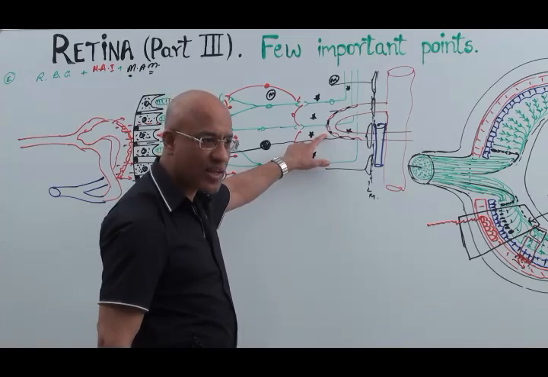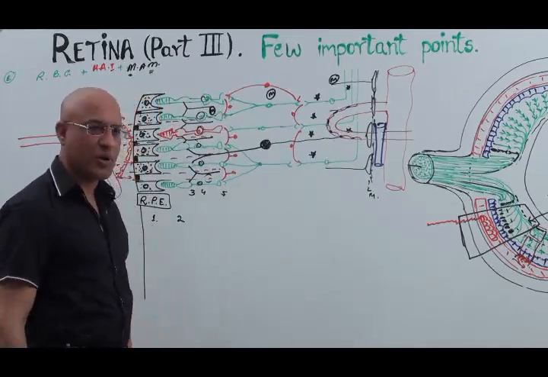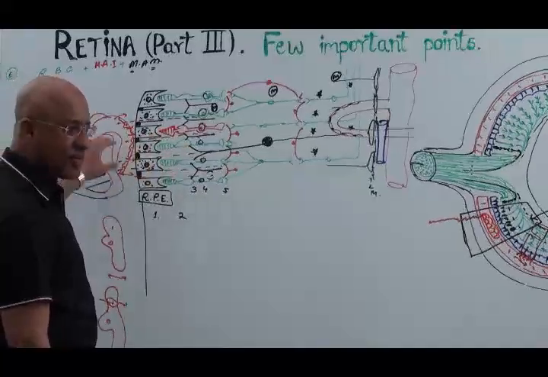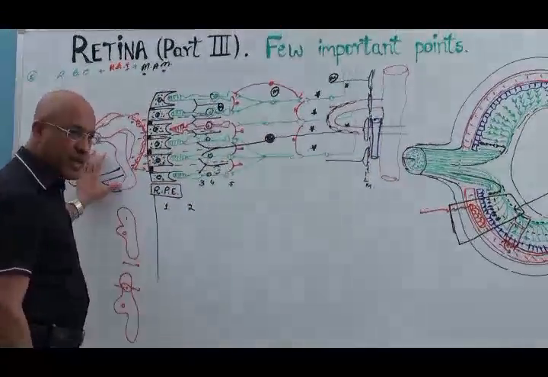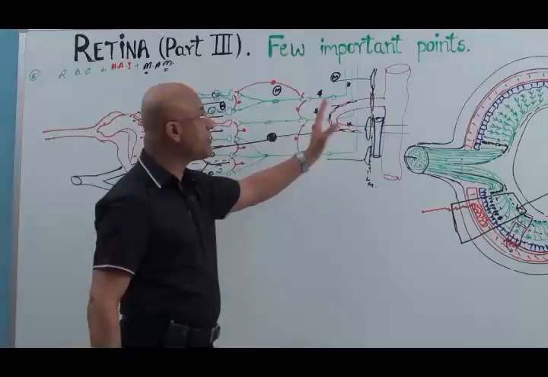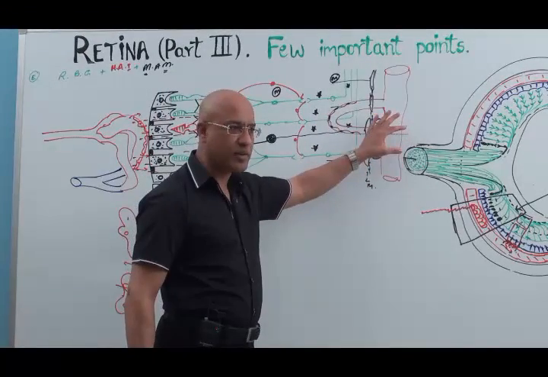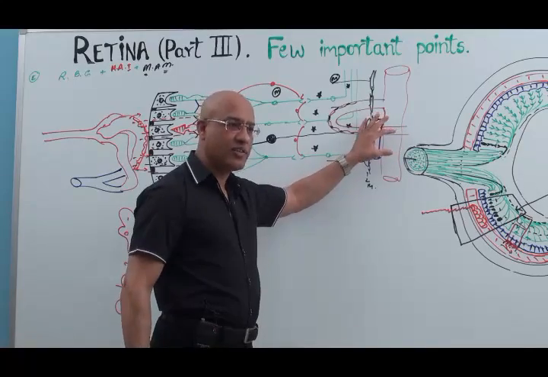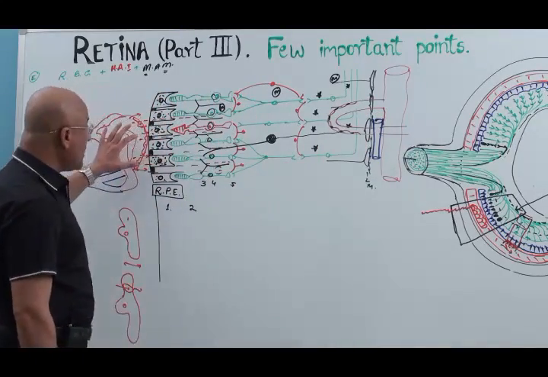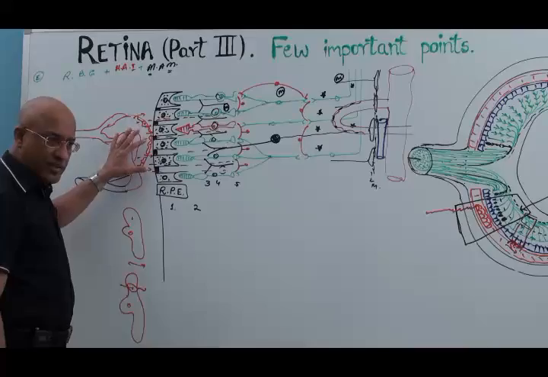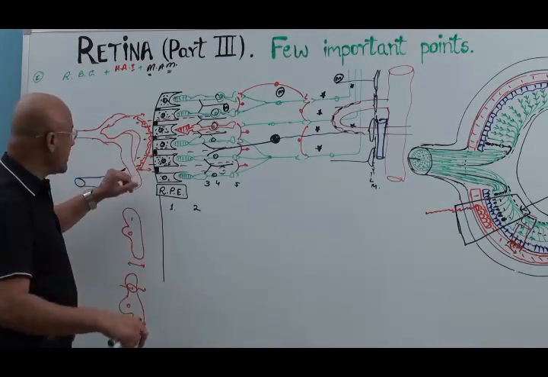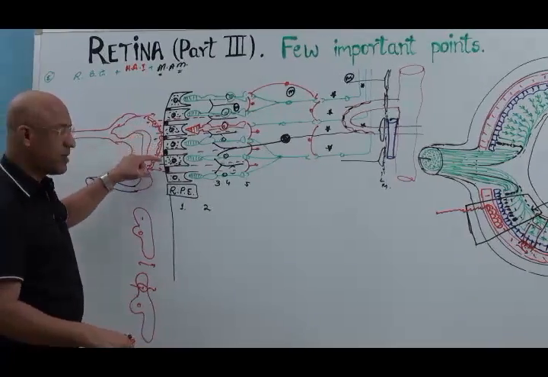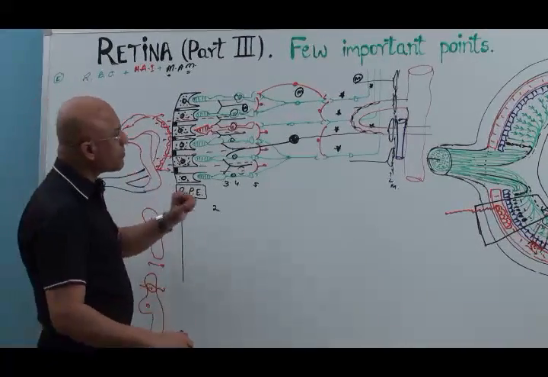tight junctions, right? So now what did we learn up to now? That the retina has outer 5 layers and inner 5 layers. The outer 5 layers have their own blood supply, that is the choriocapillaries. The inner 5 layers have their own blood supply, that is the central retinal artery and its system. The outer retinal blood supply has its own blood retinal barrier, which is the retinal pigment epithelium.